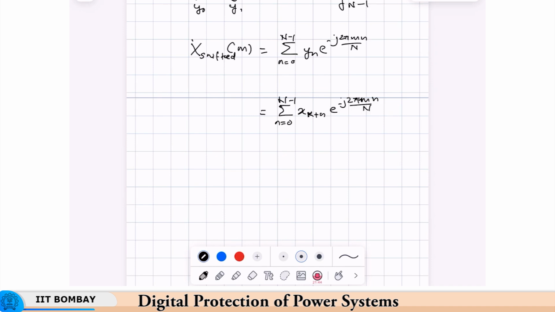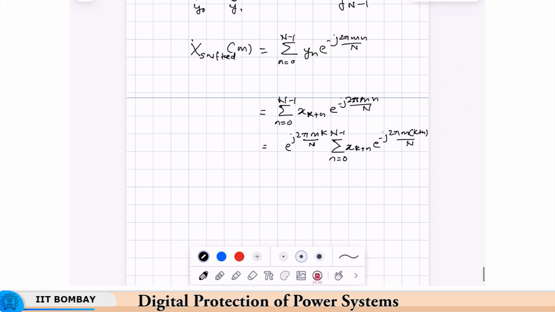Okay. So now what we will do here is add a term here, e raised to j 2 pi, just some small manipulation.